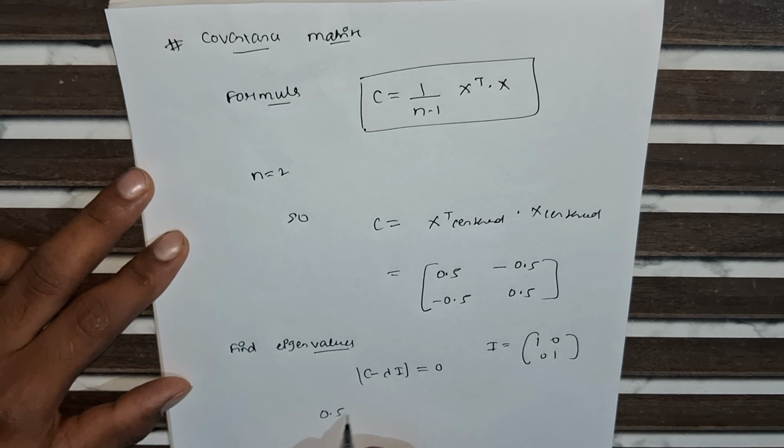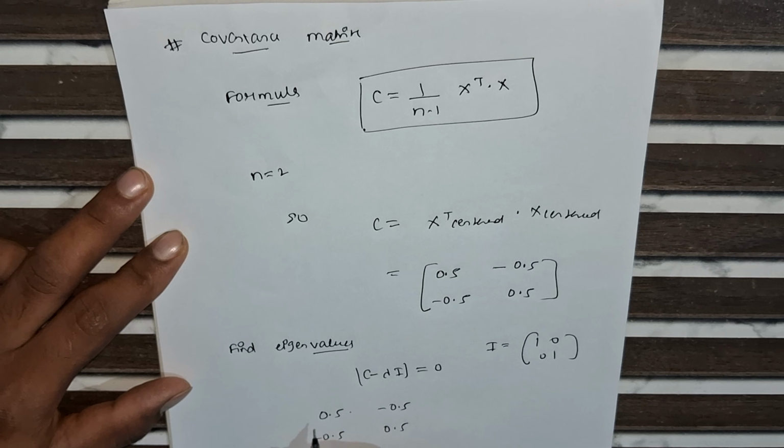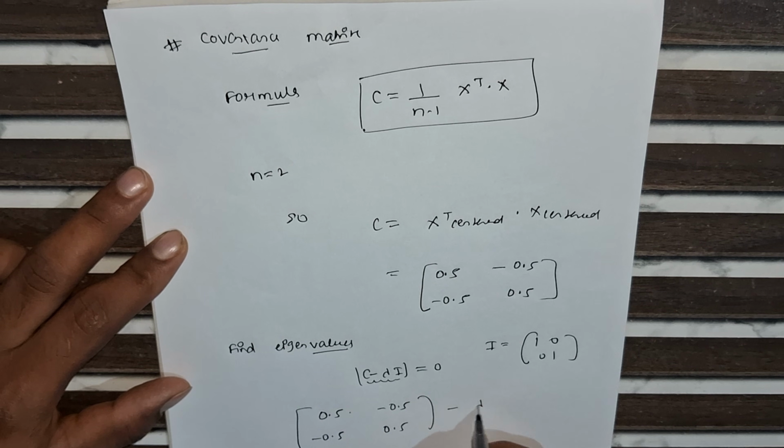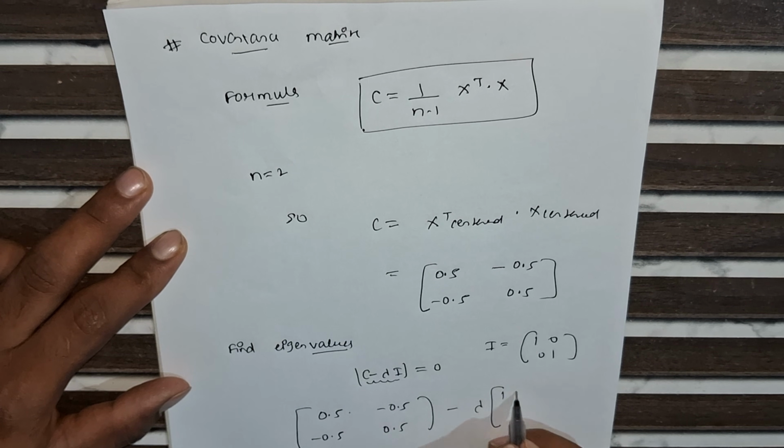So 0.5, minus 0.5, minus 0.5, 0.5. First we calculate this, and minus lambda times 1 0 0 1.